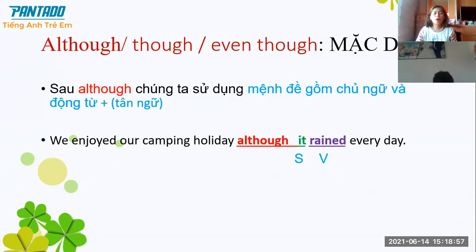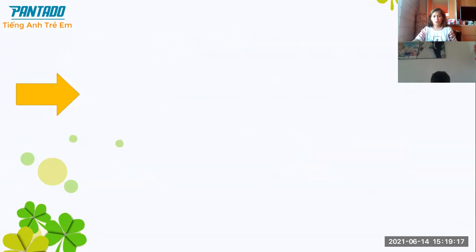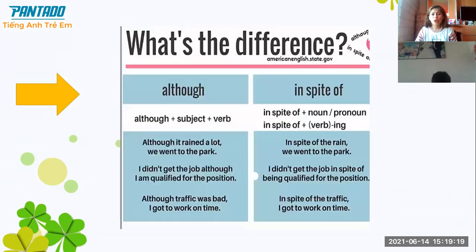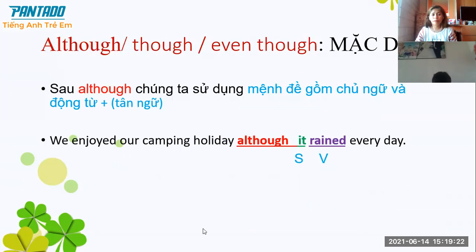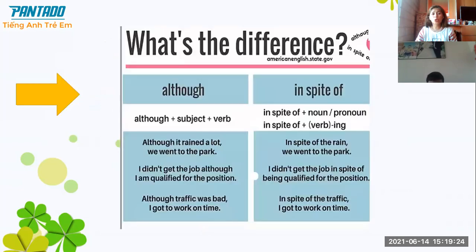Okay. Now, although, though, even though. Now, look at here, Tab. What is the difference between although and in spite? Look at although plus subject plus verb.